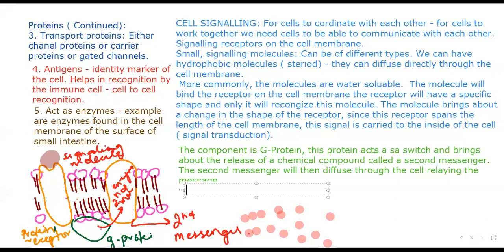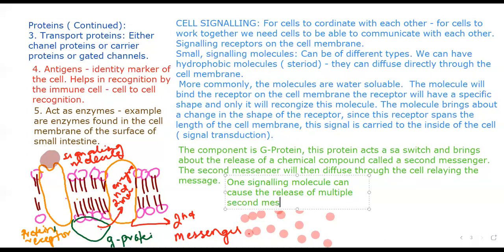So what actually ends up happening is that one signaling molecule can cause the release of multiple second messengers. This leads to amplification of the signal.